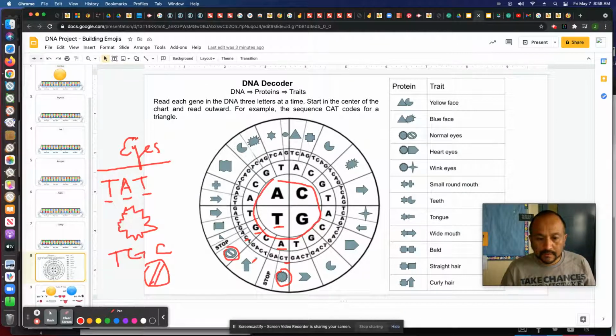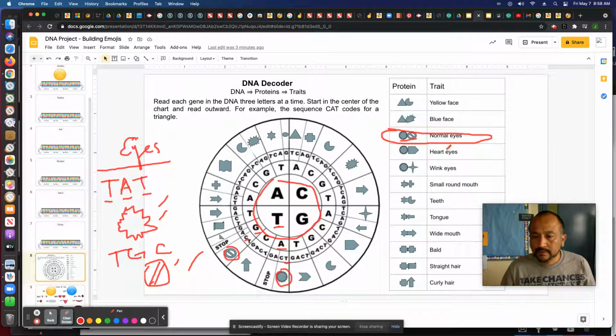So we have these two signs. We're going to look for these two signs here in the protein category, which is right here, right? It's this one and this one. There they are, the proteins.